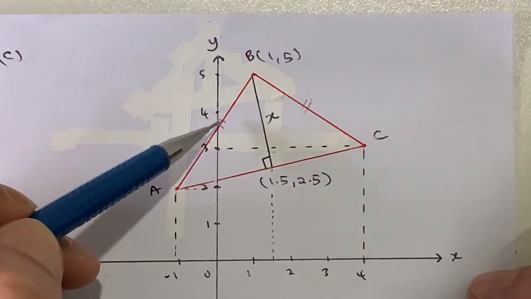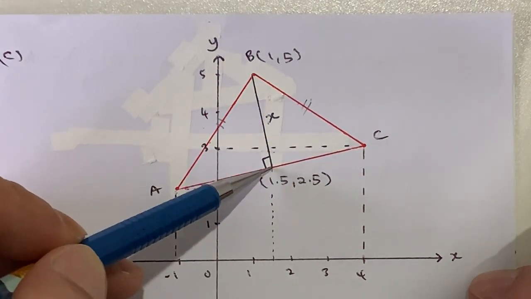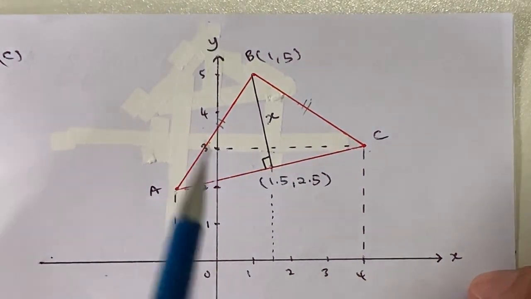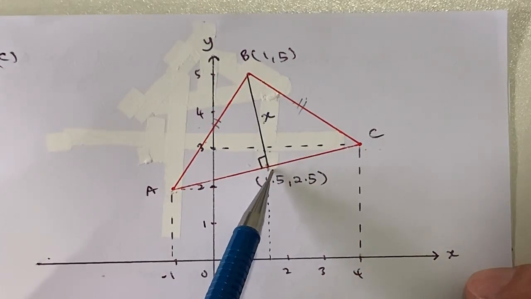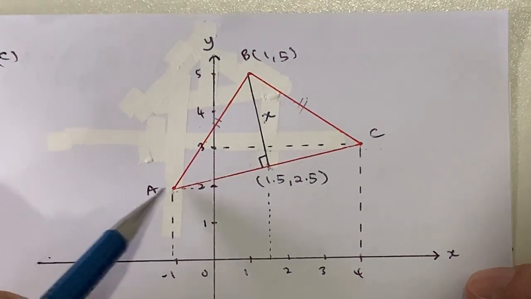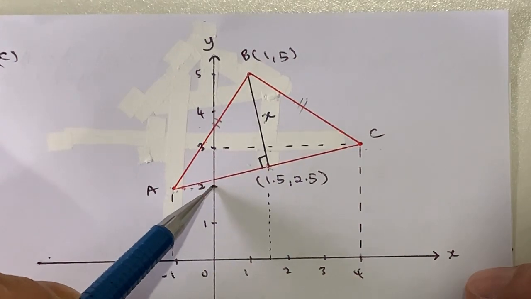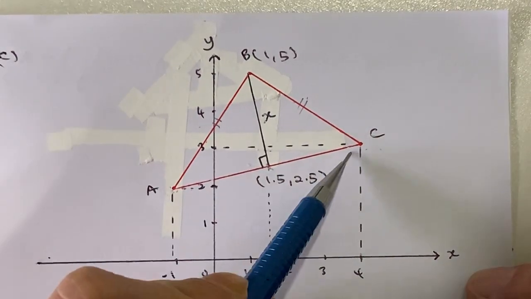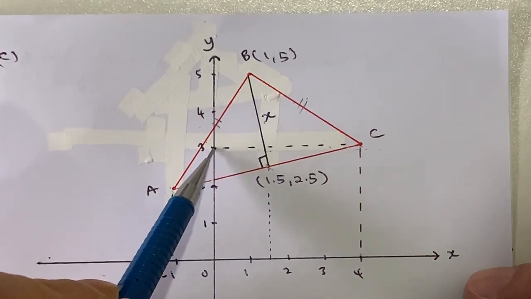So being isosceles, this line here will stop right in the middle of A and C. So if we study A and C, to get to the middle value here, you look at A, which has a y coordinate of 2. C has a y coordinate of 3.